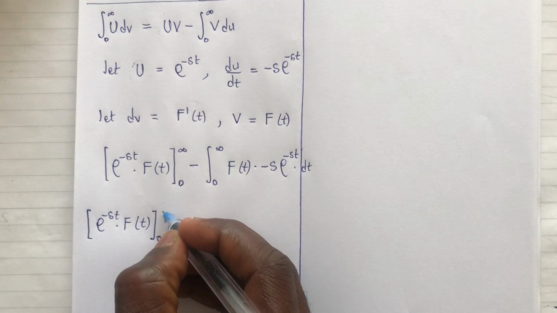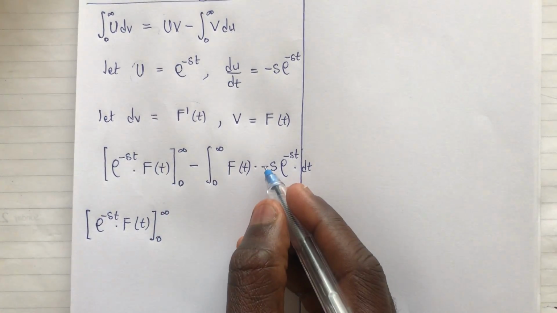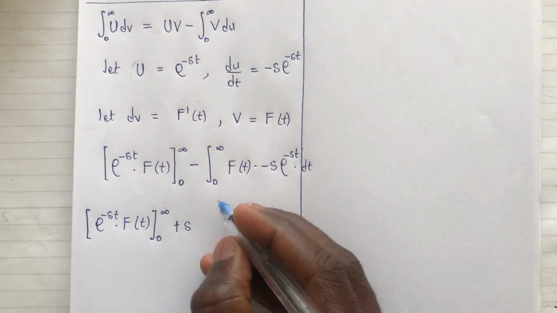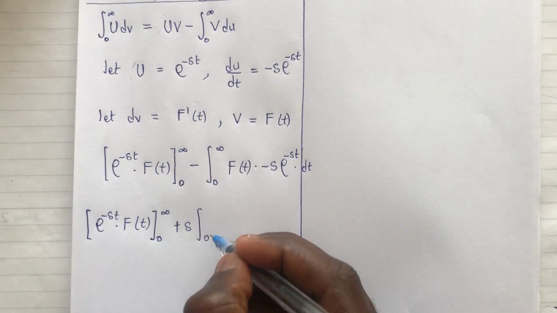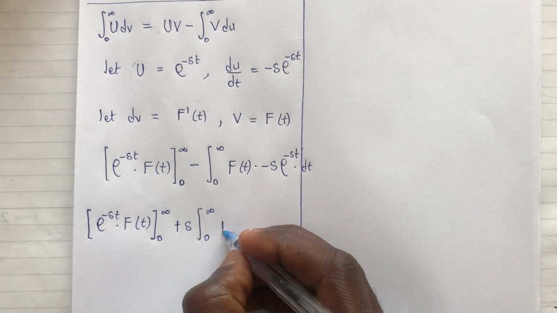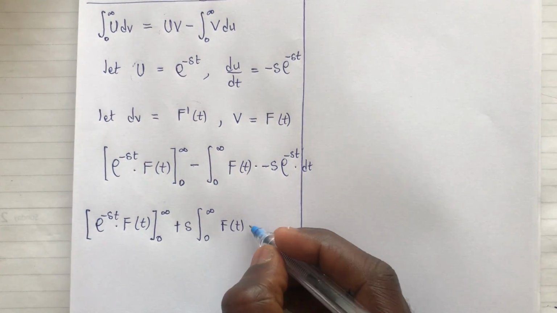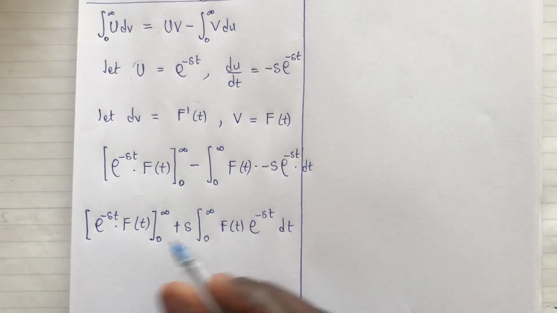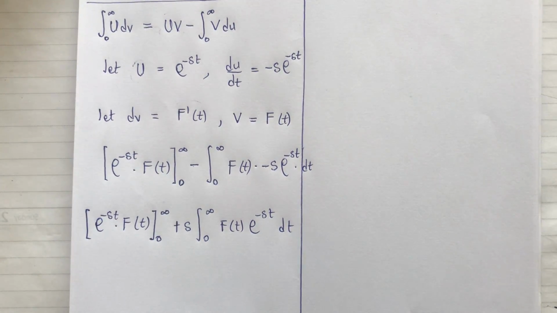We raise our lower and upper limit. Now negative s times this will give us plus s integral of 0 to infinity f of t times e minus st dt. Once we integrate the function, dt will vanish.